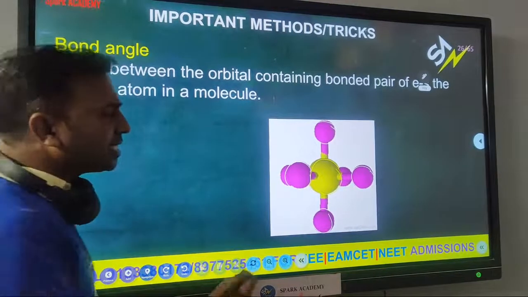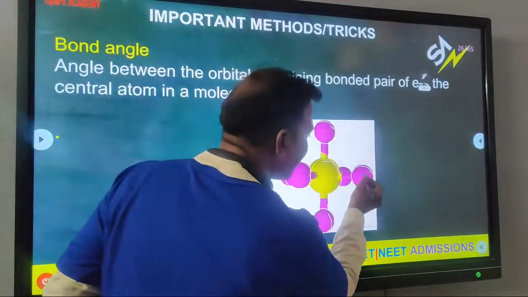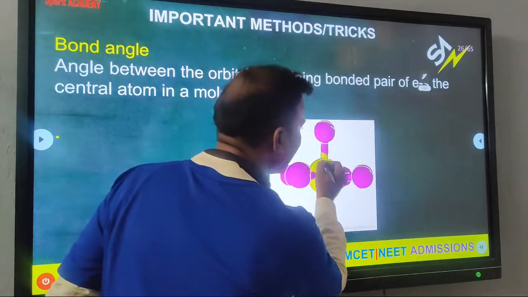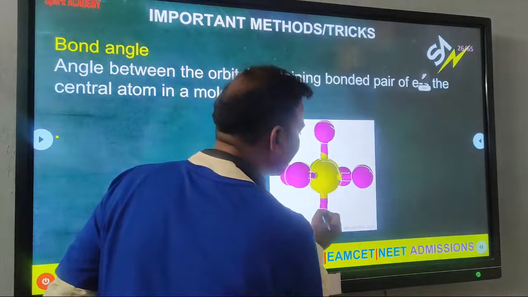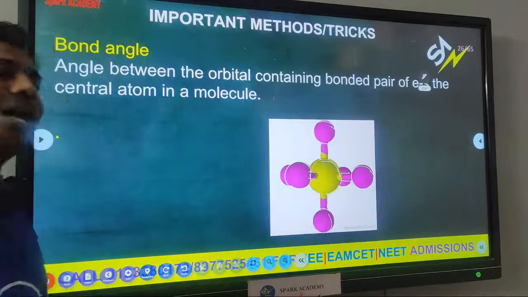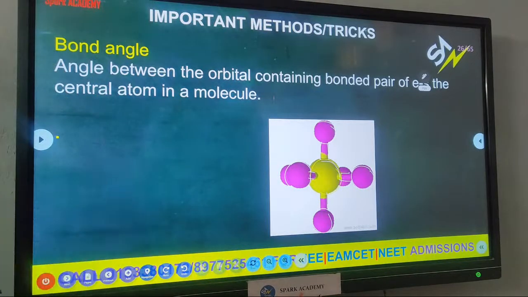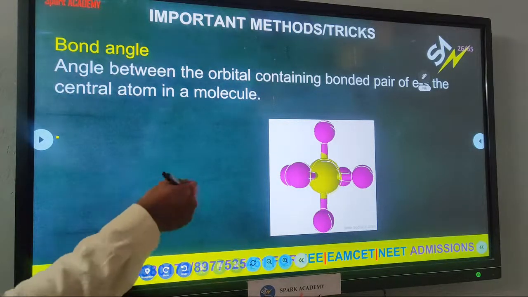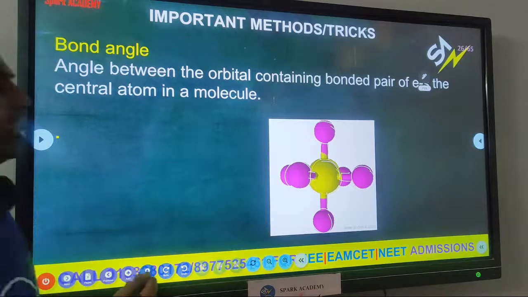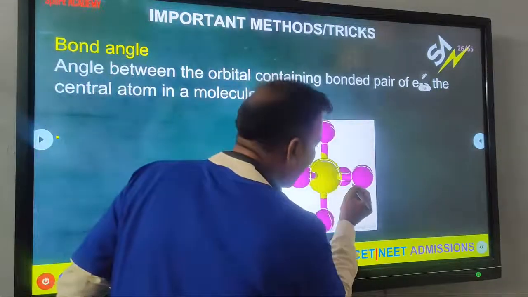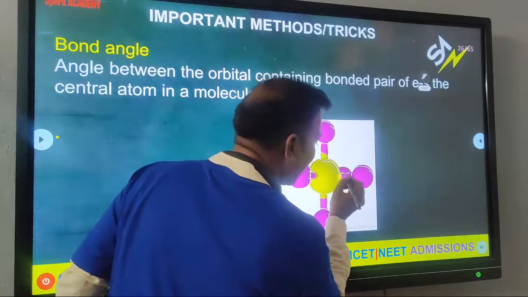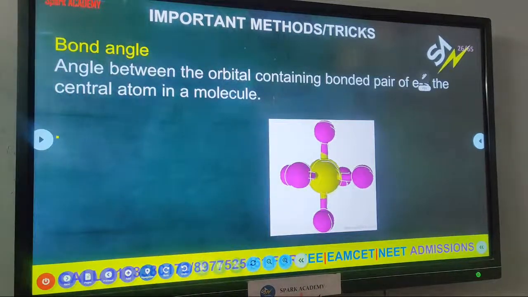The orbital overlap with the other atoms will result in a bond. So the angle between these orbitals at the central atom is called the bond angle.